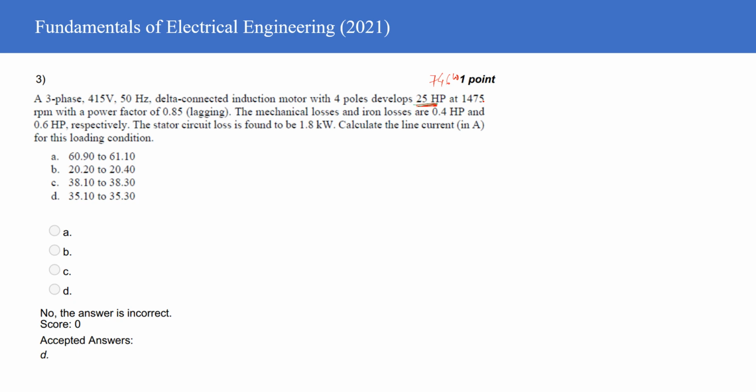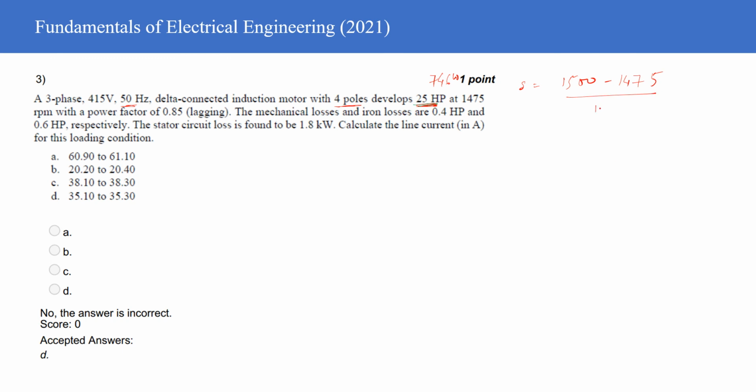Let me figure out the slip. The synchronous speed is 1500, because it's a 4-pole machine and 50 hertz, as we calculated in the first question. So the synchronous speed will remain the same, and the rotational speed is given to you as 1475.